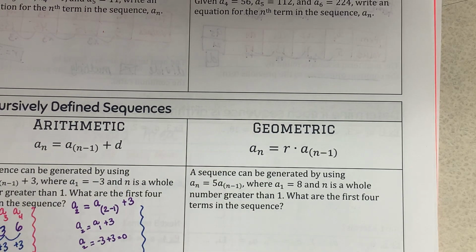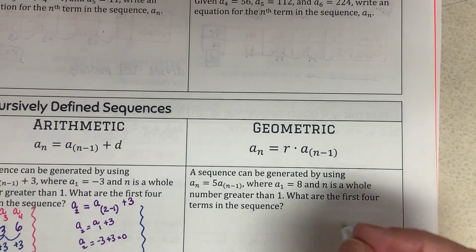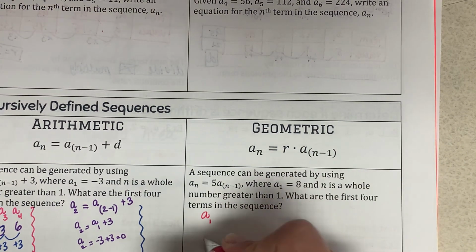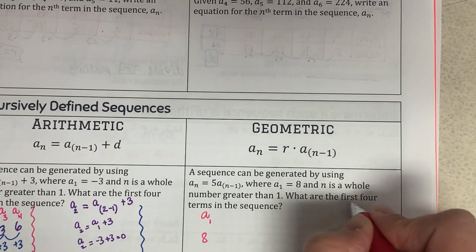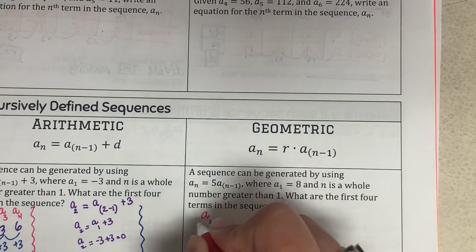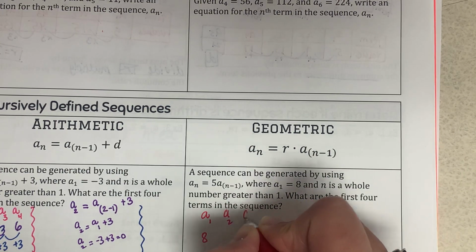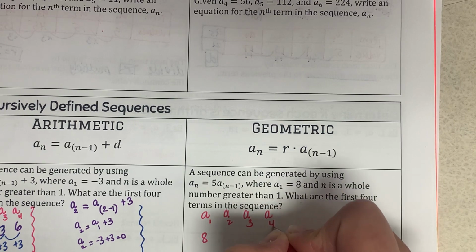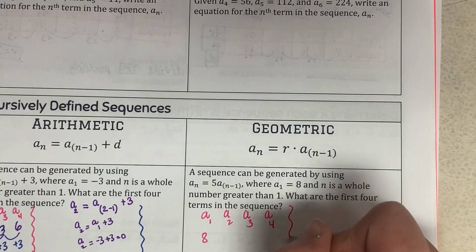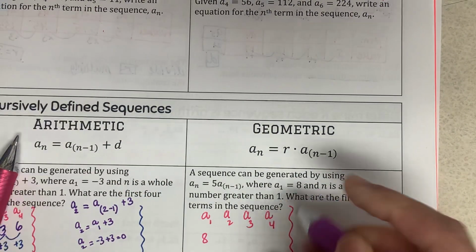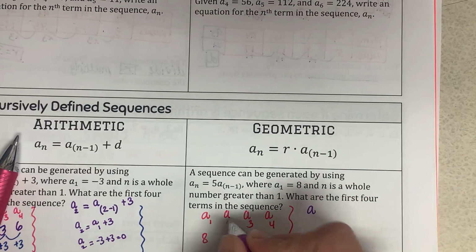So all I have to do is first copy down my sequence. I have a1, which is 8. I need, what are the first 4 sequence terms? So first 4, this is first. I need a2, I need a3, and I need a4. So according to my formula, I need a2.